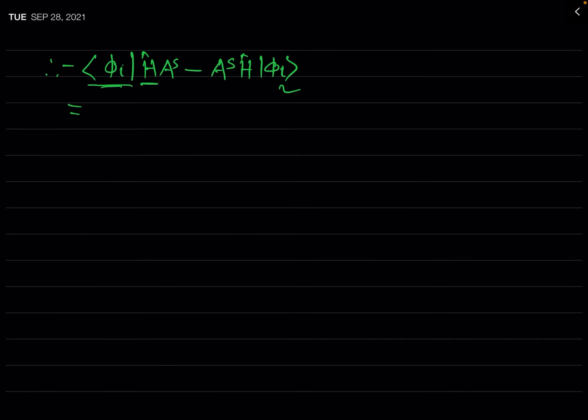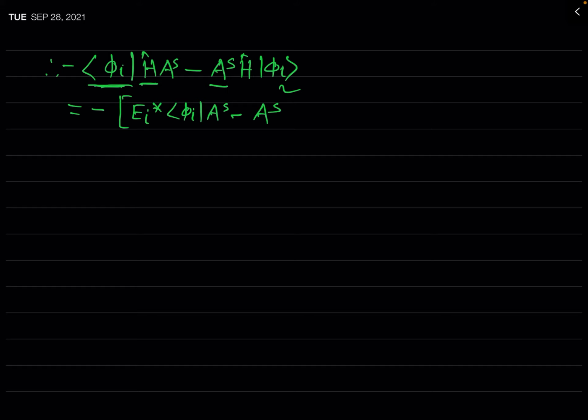So when h hat is operated on this, our result will be equal to Ei star bra phi I, as, and minus as.